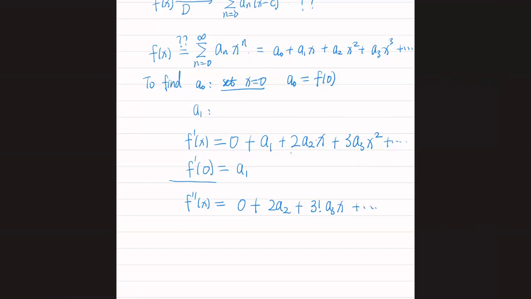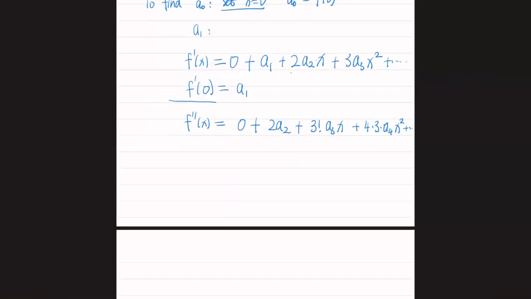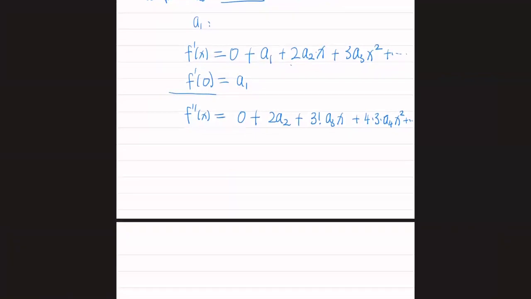So now I can add one more term since we have too many zeros. This one you can get will be 4, 3, a4x squared. Okay, now with this at hand, Sophia, how do we find a3?